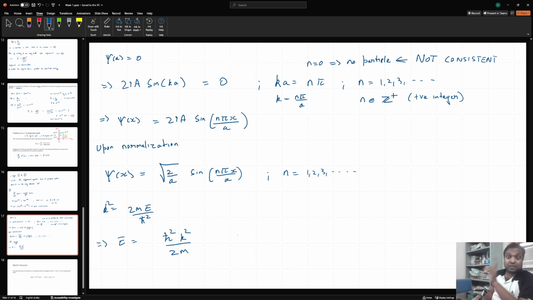From this, eagle-eyed observers can see that since E is also equal to p squared by 2m, I can quickly by analogy say that p is equal to h bar k, which is a general result.